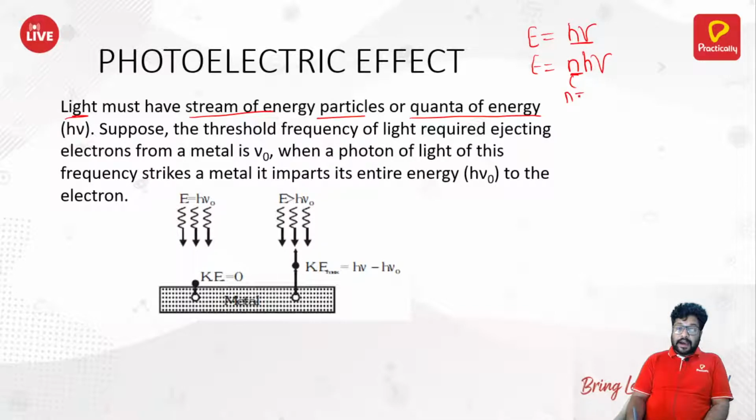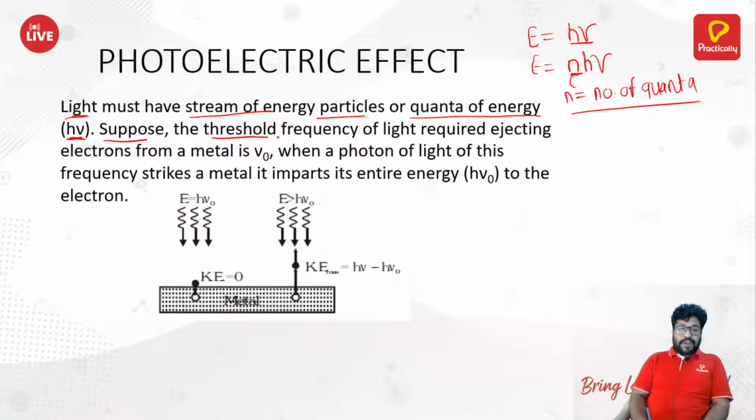Remember, n is equal to the number of quanta. We had already seen this in a theory called, which theory? Planck's quantum theory. So we already know light must have a stream of energy particles, or quanta of energy, which is equal to h nu, right? Which I already showed you in the first slide.